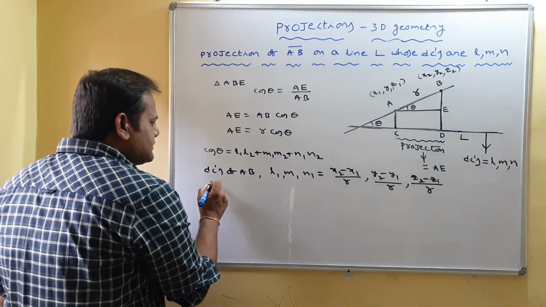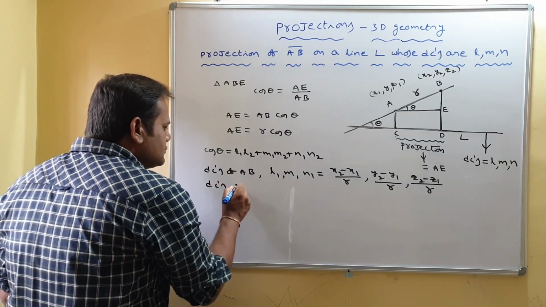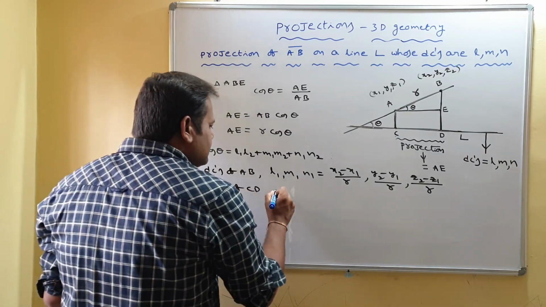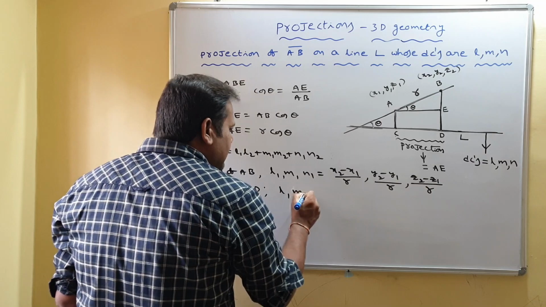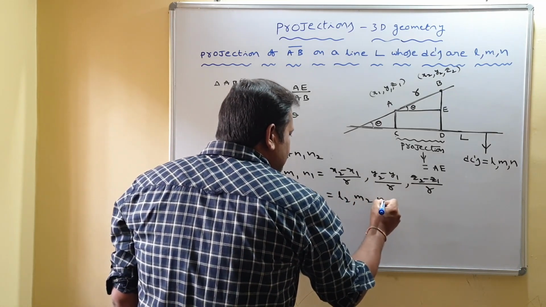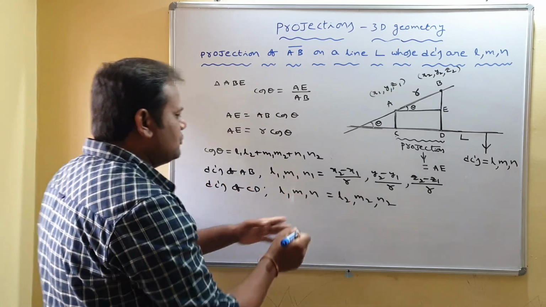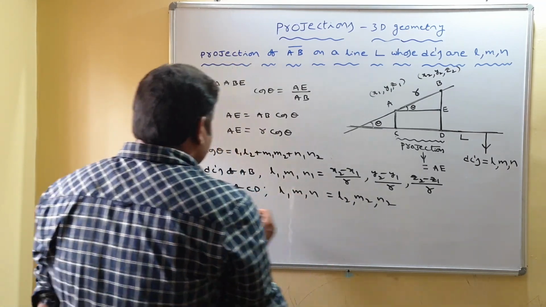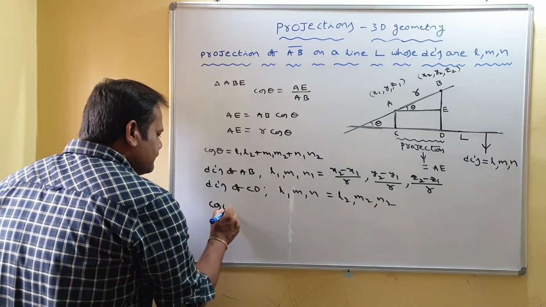And the DCs of CD are l, m and n. We have taken those as l2, m2, n2, so l2, m2, n2 are l, m, n. Now you take that cos theta.